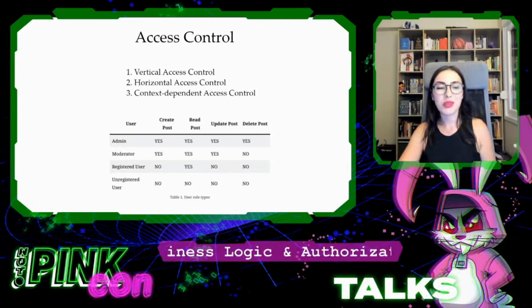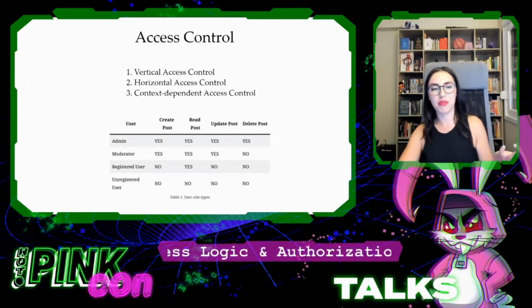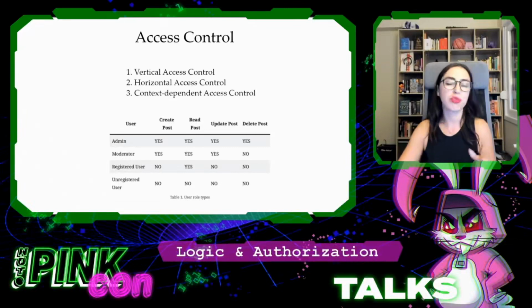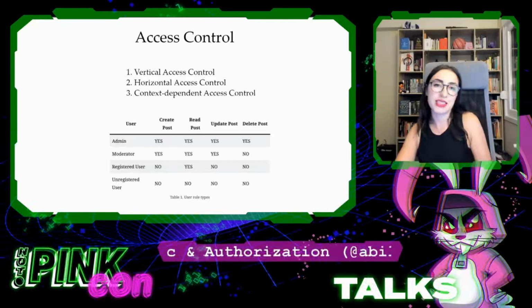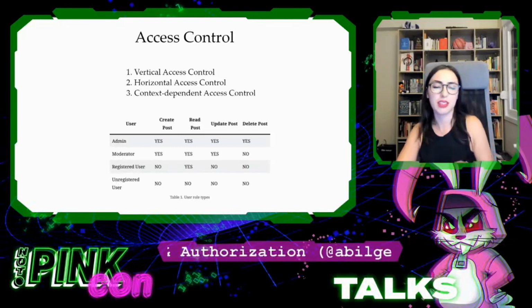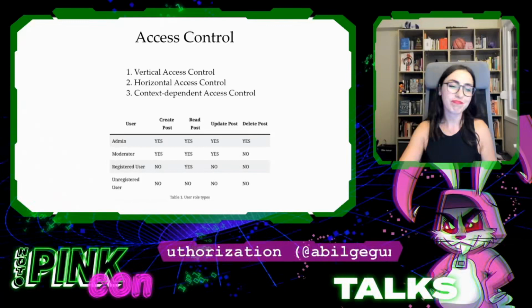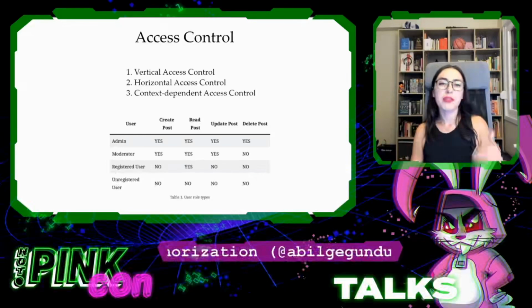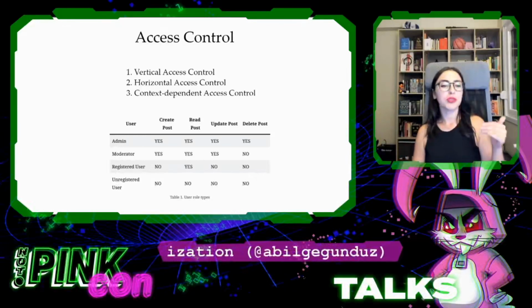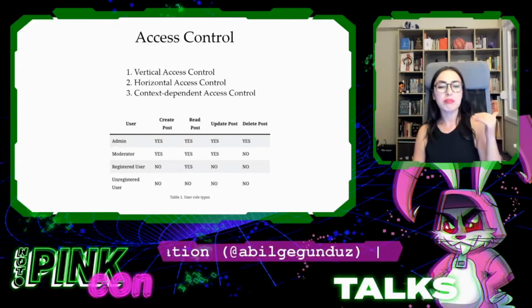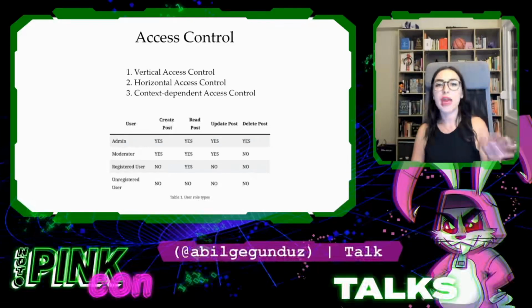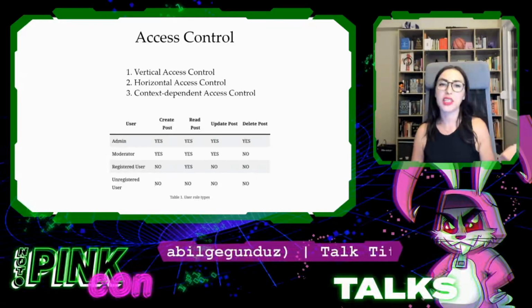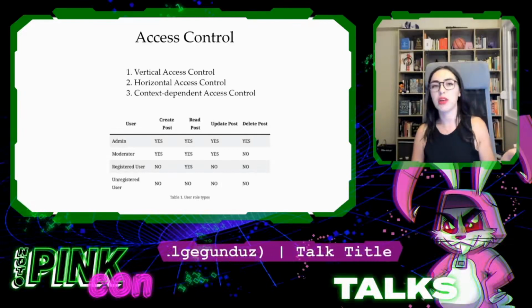But on the other hand, a moderator has many more, like creating a new post, reading the existing posts, updating the existing posts, but not deleting, obviously, in our system. So if our registered user is able to create a post, for example, then we have a problem with vertical access control, and we may talk about insecure direct object reference here.